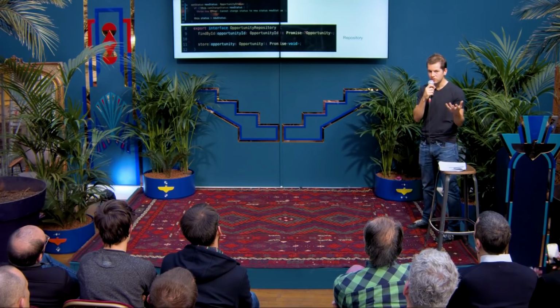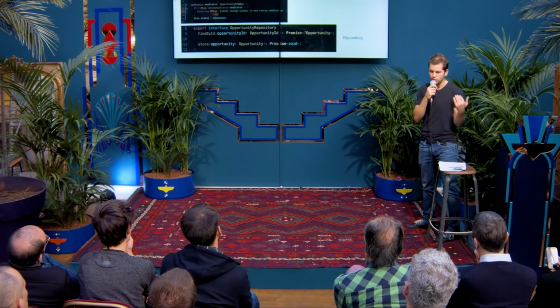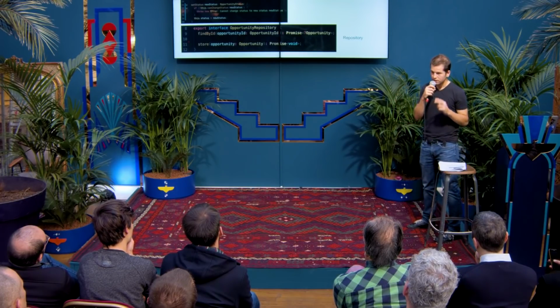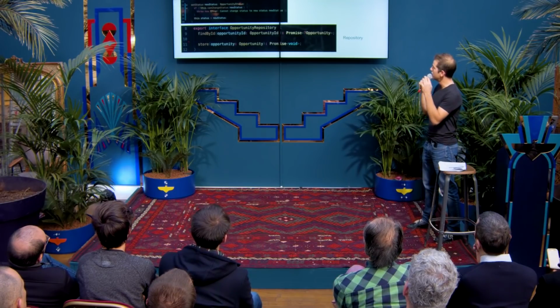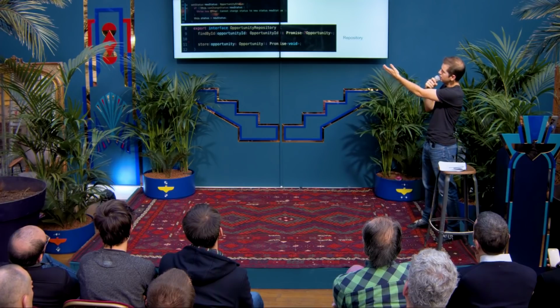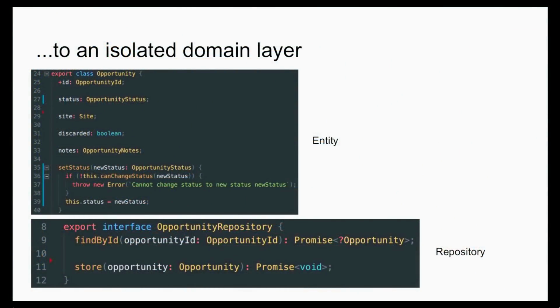So it does not match perfectly the way data is stored, but it matches better the way the product team is discussing business concepts. Second major difference, this entity, this object now holds methods like set status. So all the business rules are encapsulated by the same object, which has properties and methods that act on these properties.